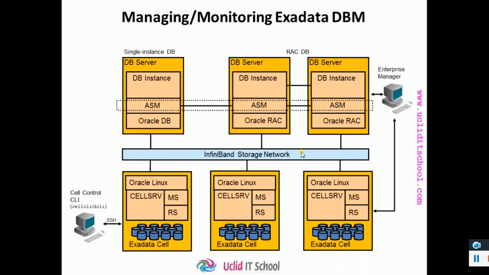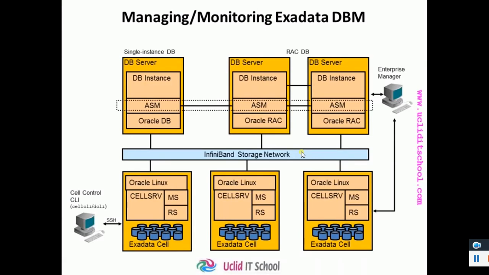Then let us see management or monitoring of the database machine. Now you know the Exadata database machine has different components. How do you manage and monitor all these components?